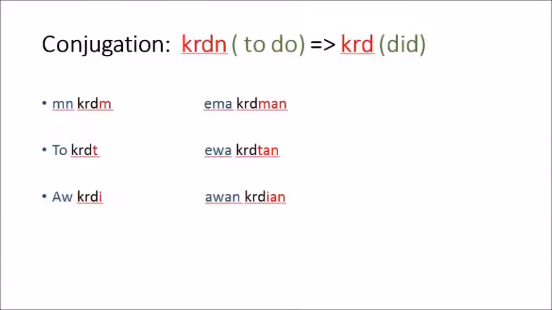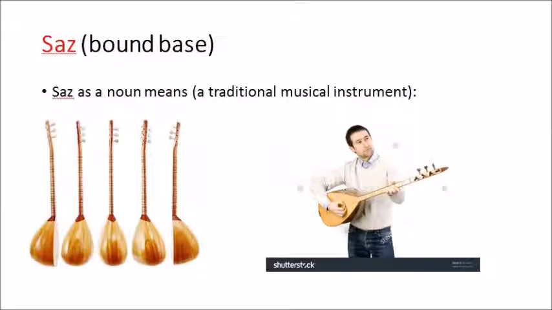So let's see. Basically, saz is kind of a homophone because we have two words for saz. Saz as a noun means a traditional music instrument. There's a Kurdish traditional music instrument which is called saz. It has 3 strings.